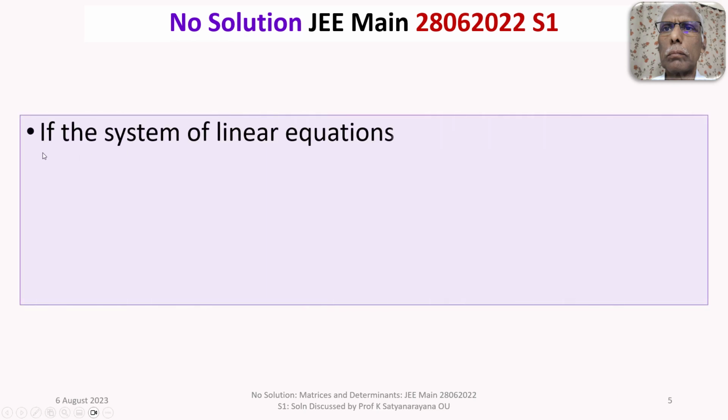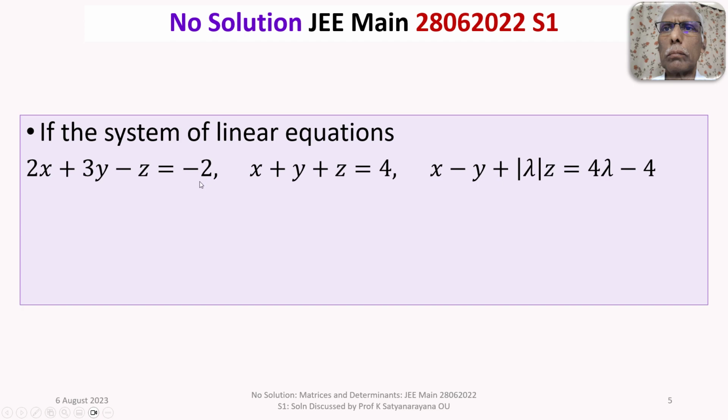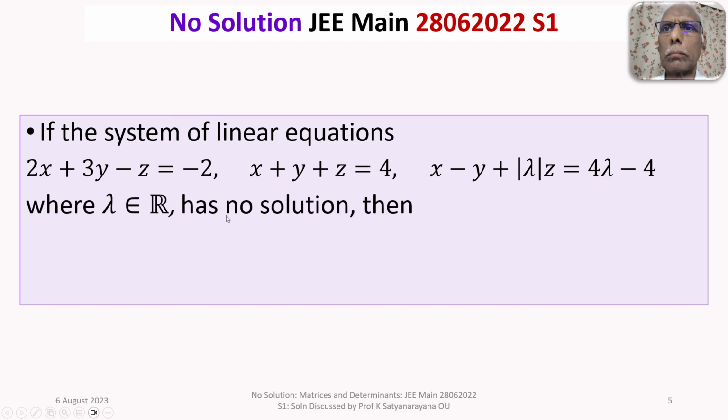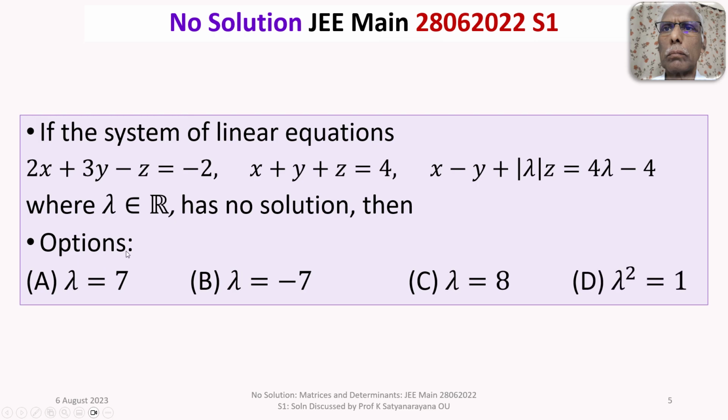The given question is: if the system of linear equations 2x plus 3y minus z is equal to minus 2, second equation, x plus y plus z is equal to 4, the third equation, x minus y plus mod lambda into z is equal to 4 lambda minus 4, where lambda is a real number, has no solution, then we are given four options.